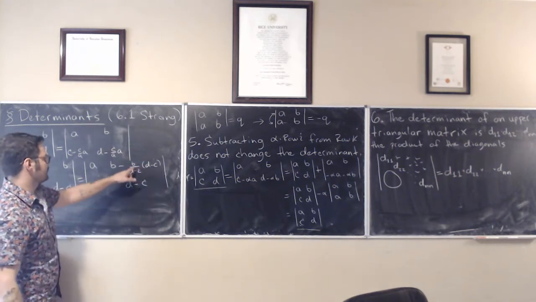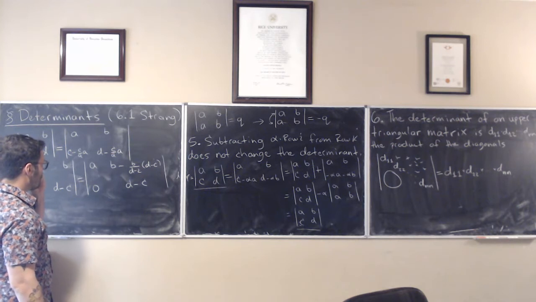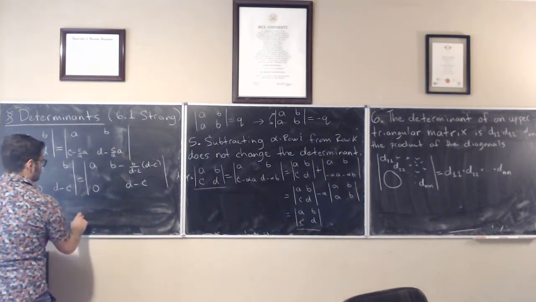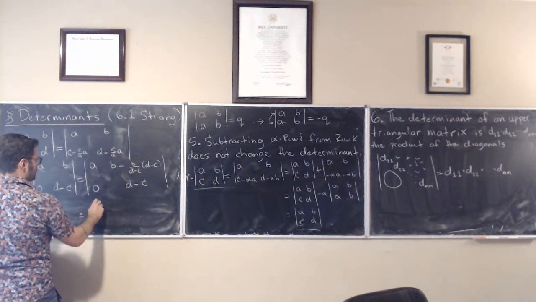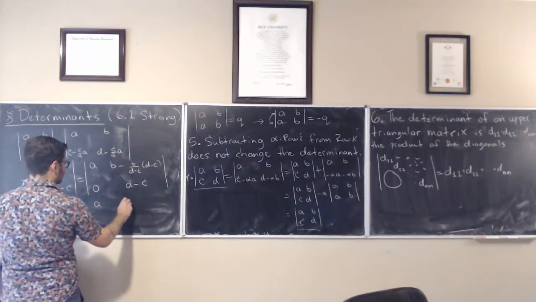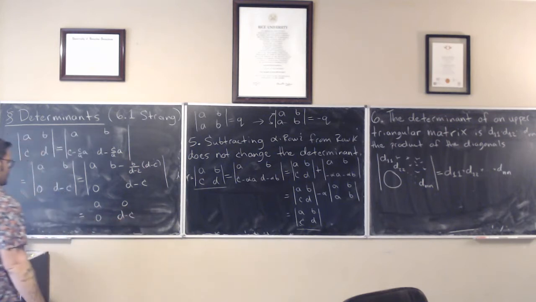So this obviously becomes minus b, that becomes a 0. So then we'll have, what is this going to be? A 0, 0, d minus c.